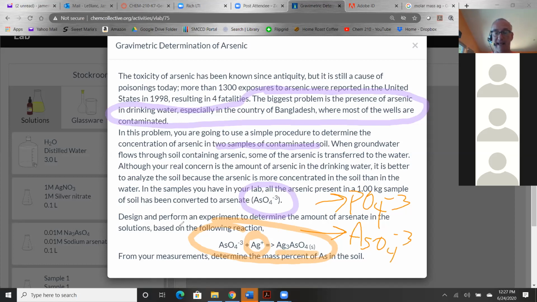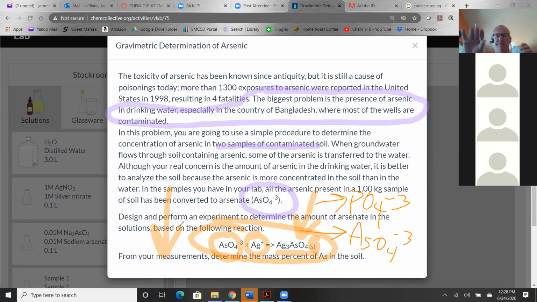You can see that there's an S here, and we know that S means solid, and it precipitates. So if you want to measure the concentration of arsenate in the solution, we measure the amount of product that's formed, and then go back and figure out how much arsenate must have been there in the first place. Any questions about that so far?